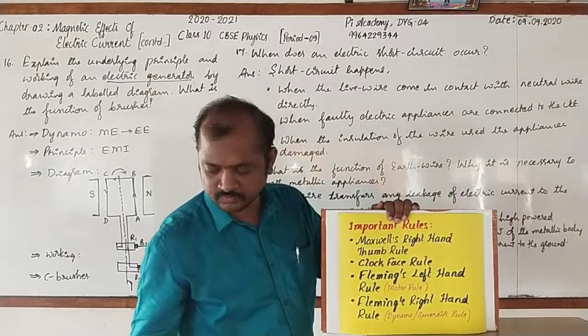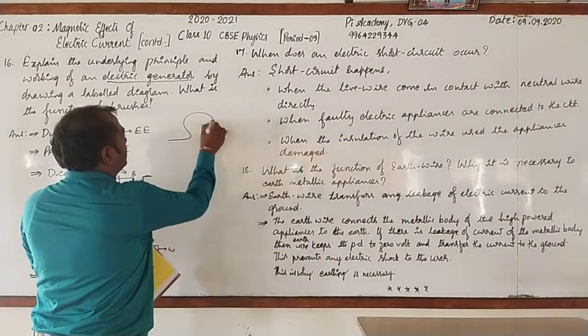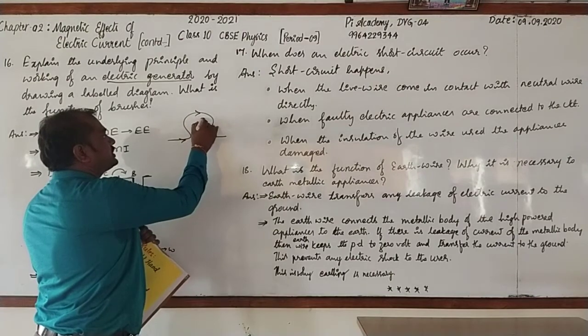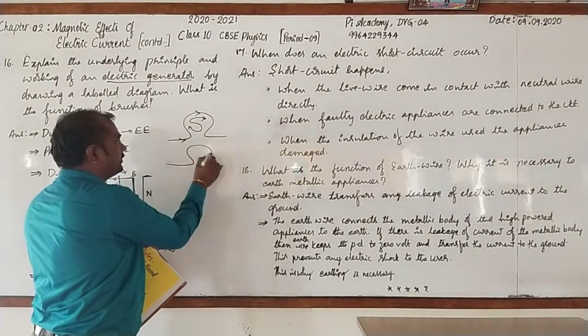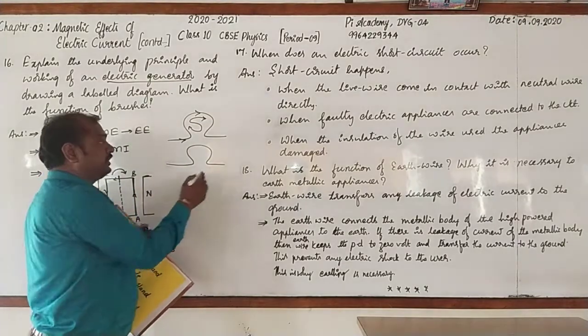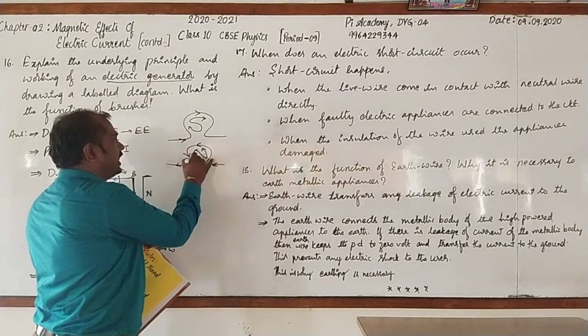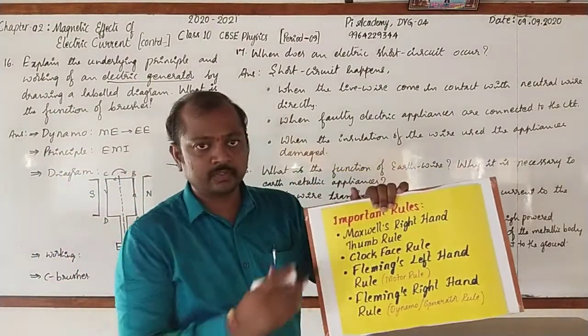I'll draw that. The face of the circular coil in which the current is flowing in the anti-clockwise direction acts as north pole. So this is the clock face rule.